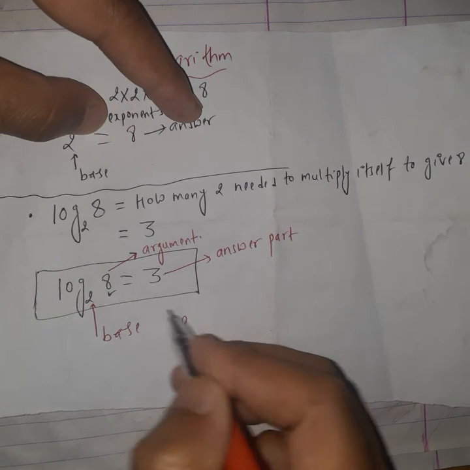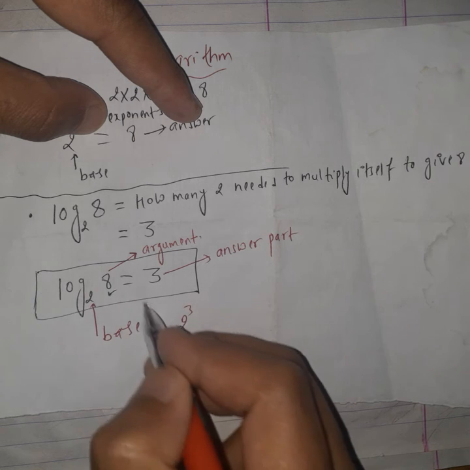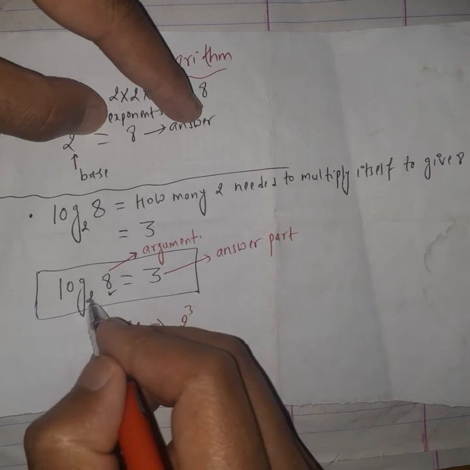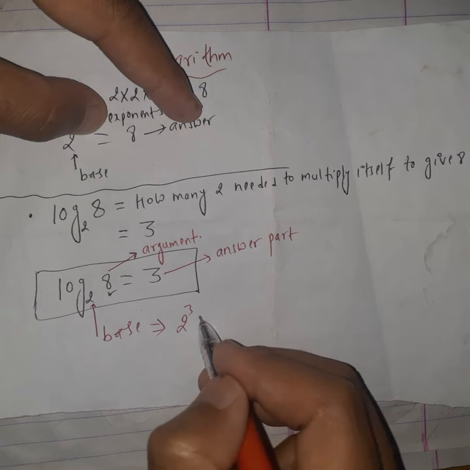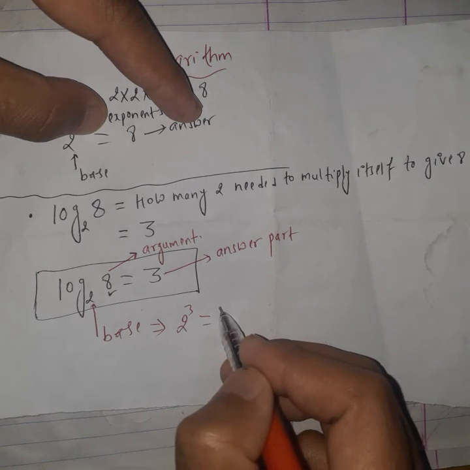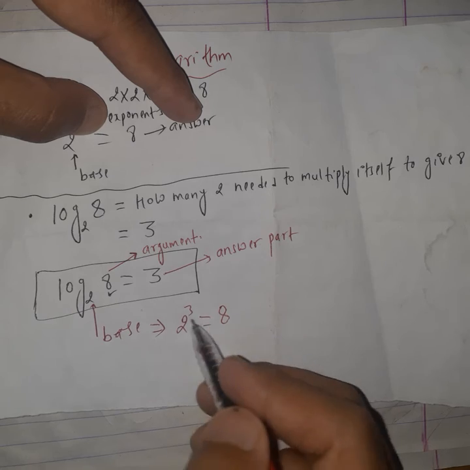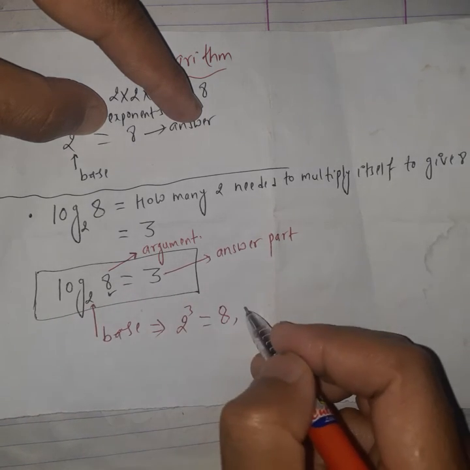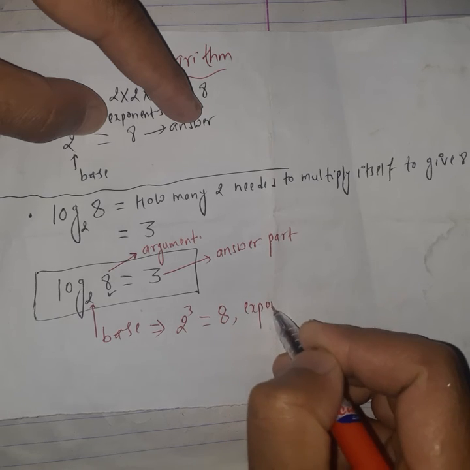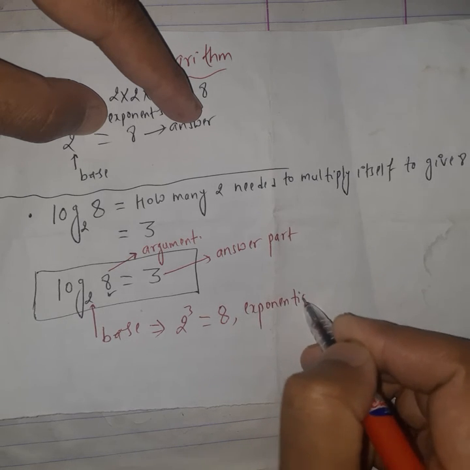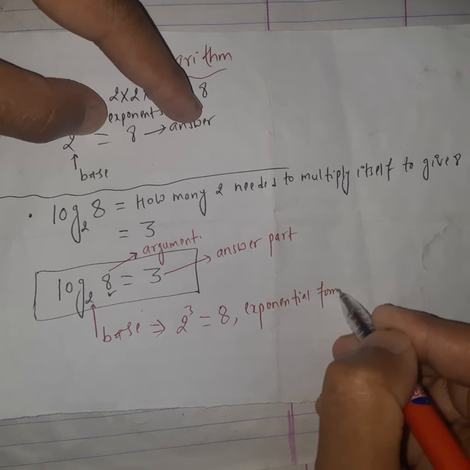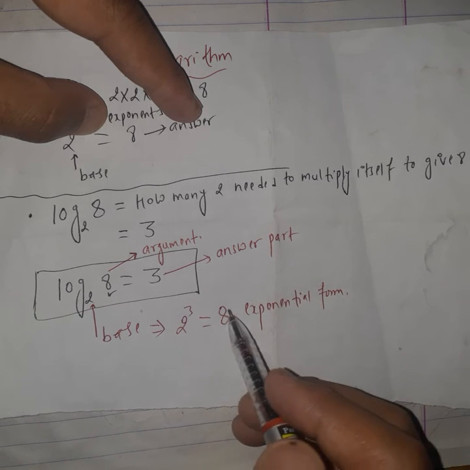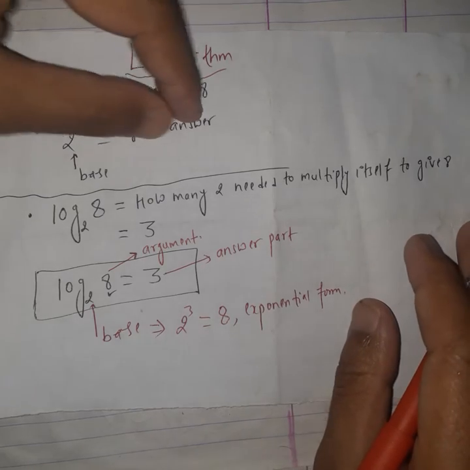This can also be written as 2 to the power 3 equals 8. It is the exponential form, and this is the logarithm form. So the logarithm and the exponential form are inverses of each other.